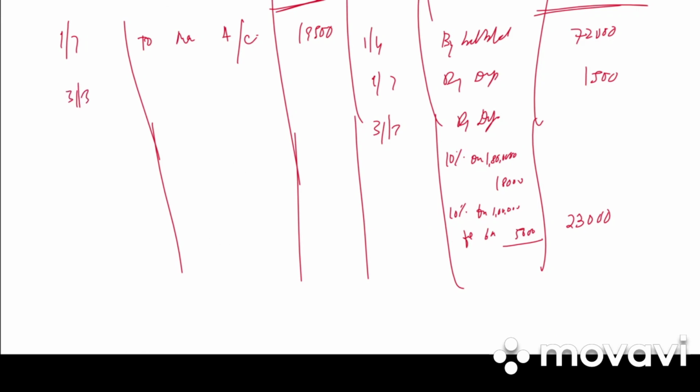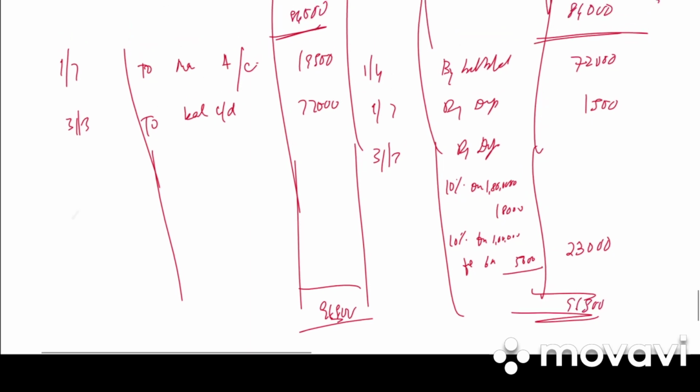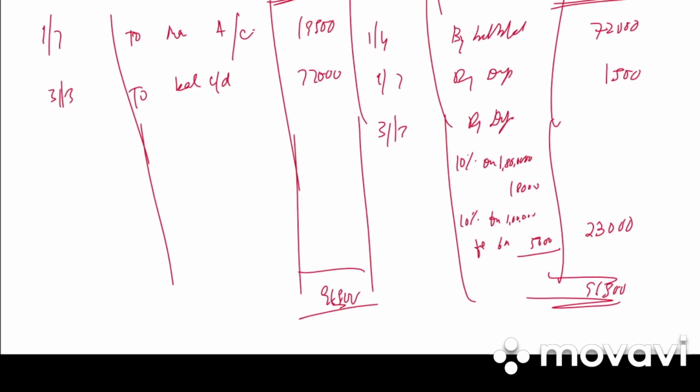And on 31st March to balance carried down 77,000. Total is 96,500, 96,500. How did I calculate depreciation over here? The remaining machinery whichever is sold, and the new machinery that is purchased. Clear? That is of 1 lakh rupees for 6 months.